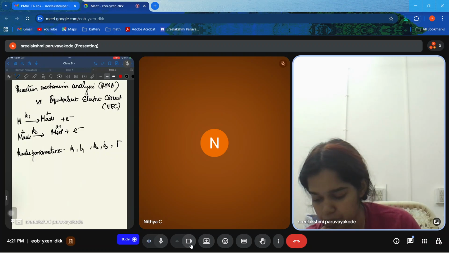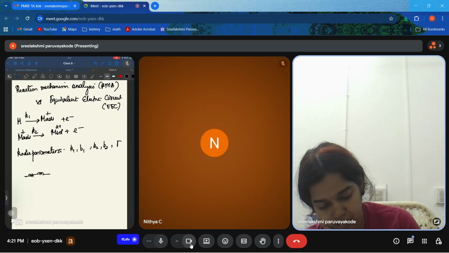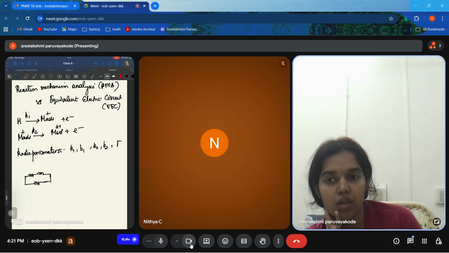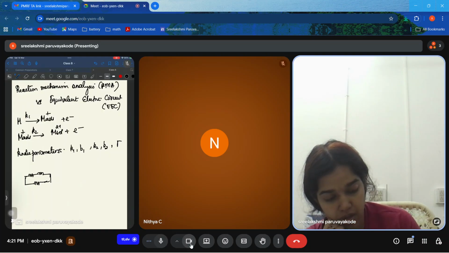We have already seen this mechanism, okay? And this mechanism can be fitted using some circuit like this. So I'm talking only about the Faradaic impedance. I have a solution resistance. I have a double layer capacitance.